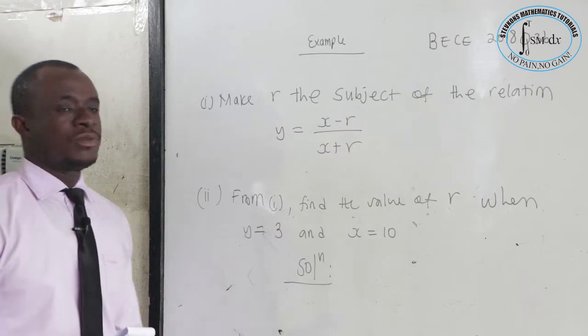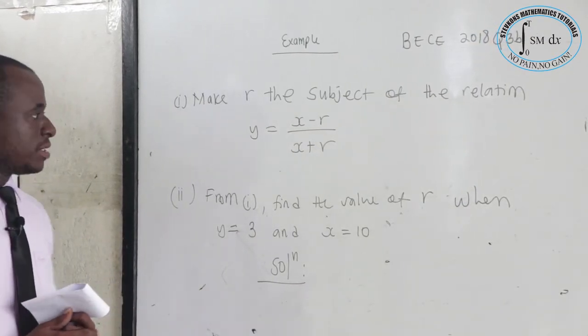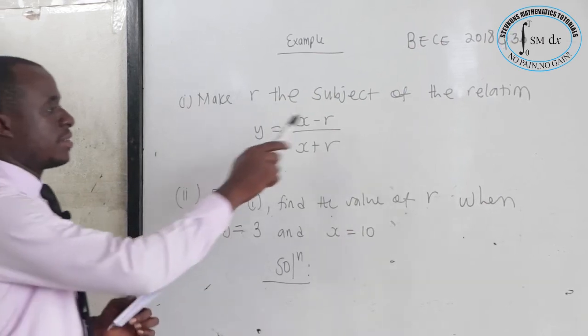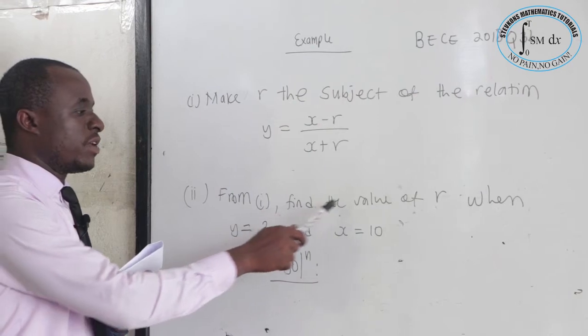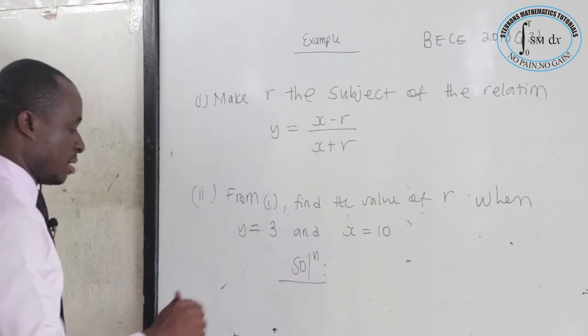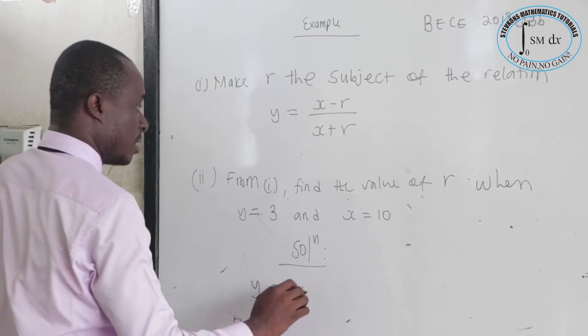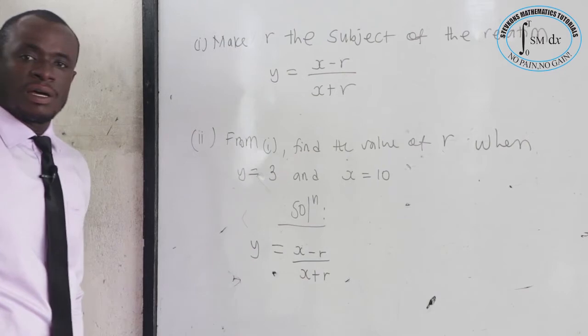Now, this is BECE 2018, question 3b. We should make r the subject of the relation y equal to x minus r over x plus r. Then from there, we should find the value of r when y is 3 and x is 10. Now, we have y equal to x minus r all over x plus r.